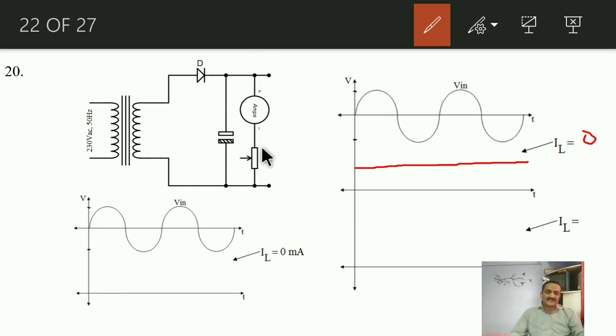Now if load is connected, and for IL I have shown it over here, so IL equal to 0, you will have the output like this, and whenever you have somewhat non-zero IL, a very small IL, for example like 5 milliampere, by connecting this load, then this capacitor will get charged like this and somewhat discharged like this.